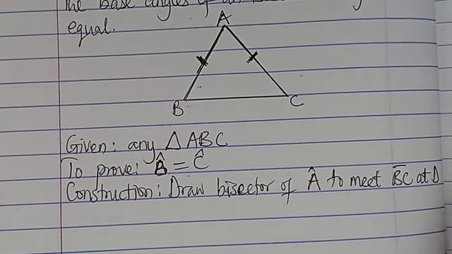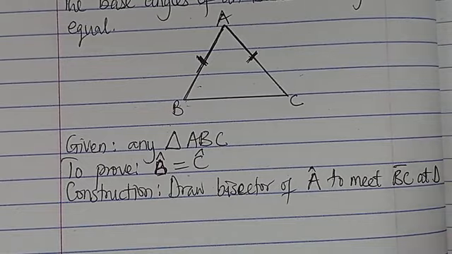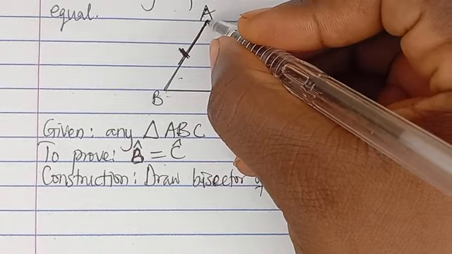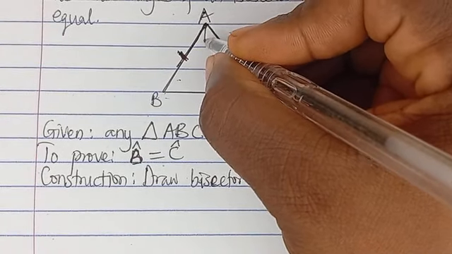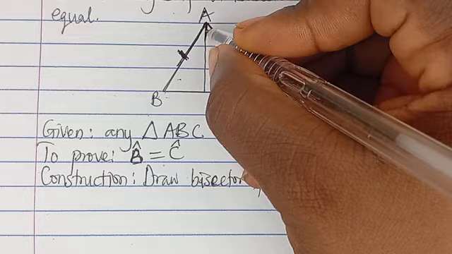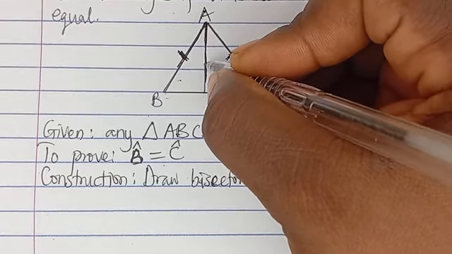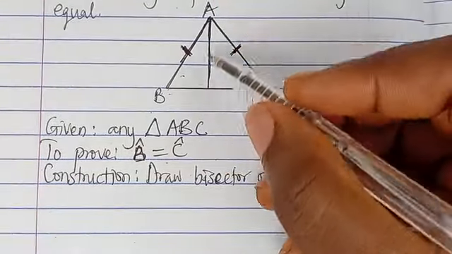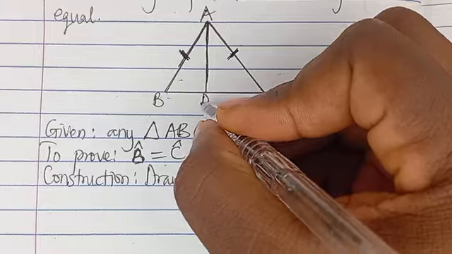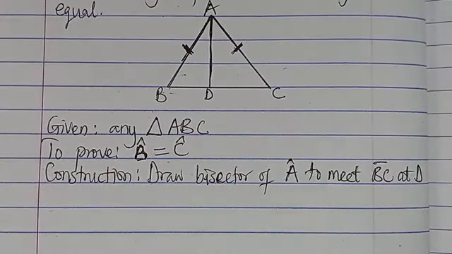We'll call that point D. It doesn't look exact, but let's just believe that this is the bisector of angle A meeting line BC at a point which we call D.